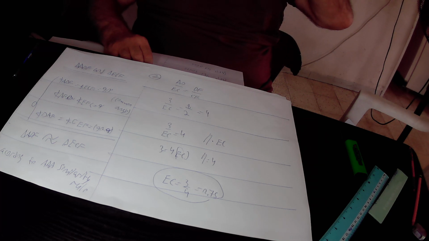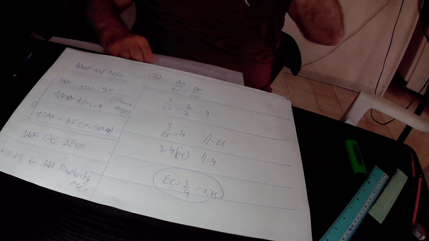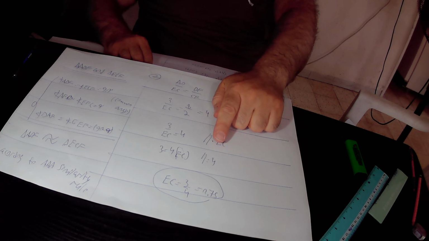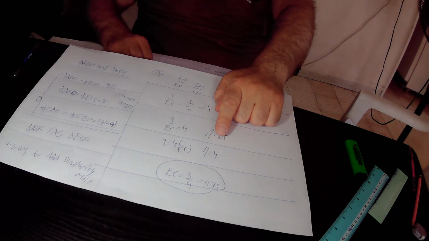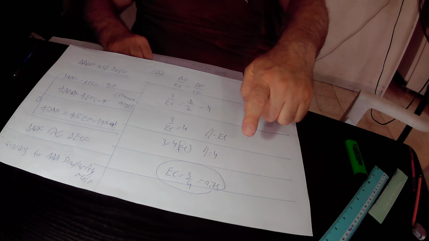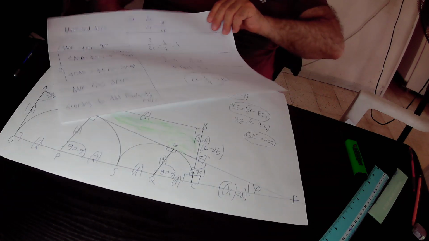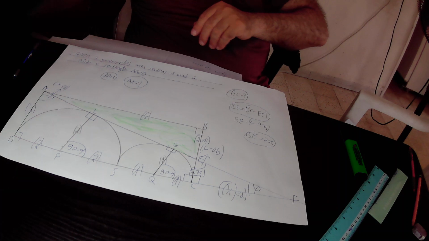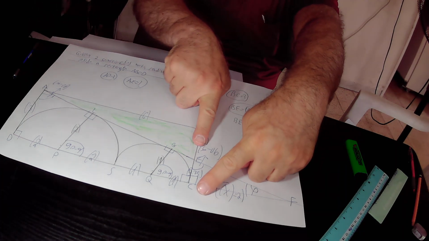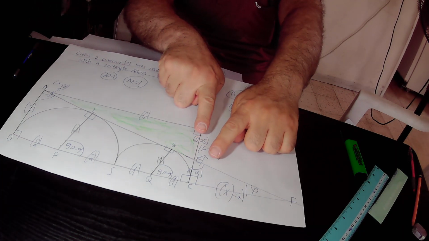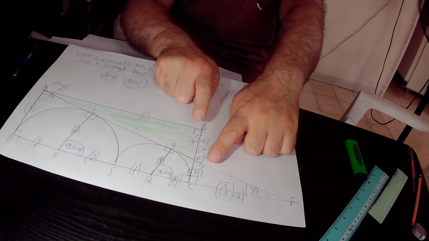Here we multiply this equation by EC, and we find that 3 equals 4 times EC. Then we divide this equation by 4, and we find that the missing line segment EC equals 3/4 or 0.75.